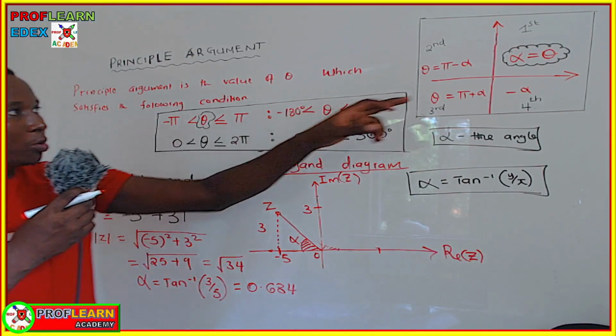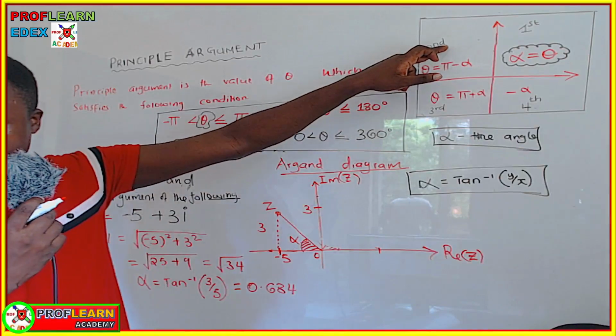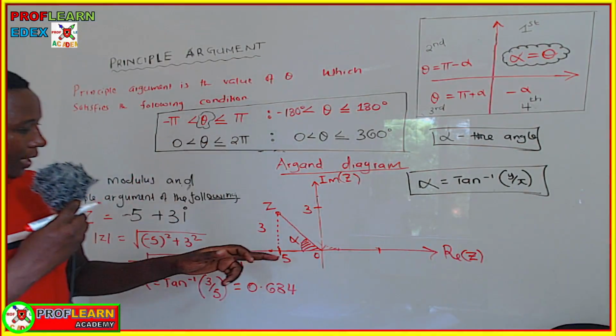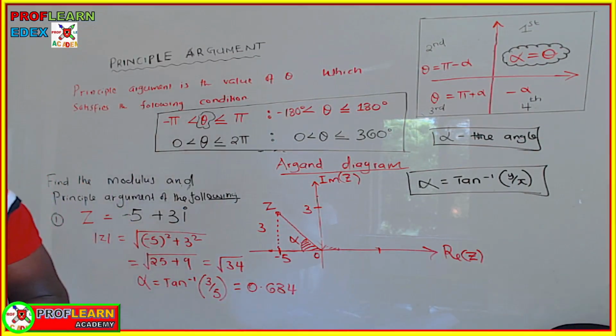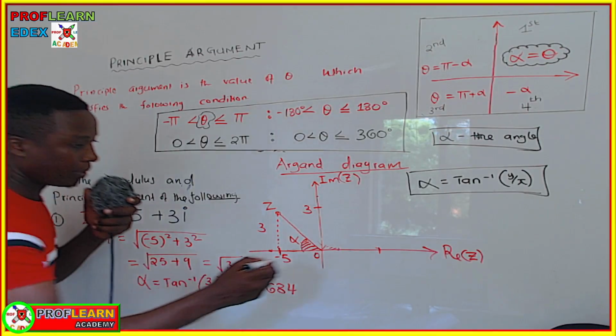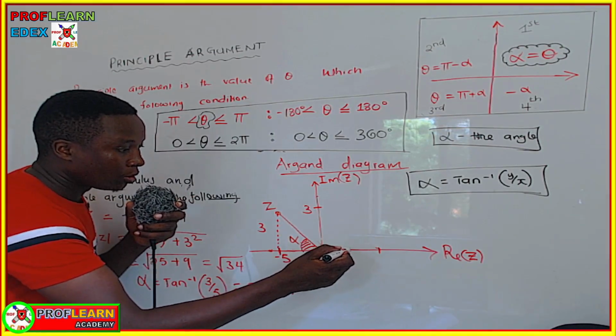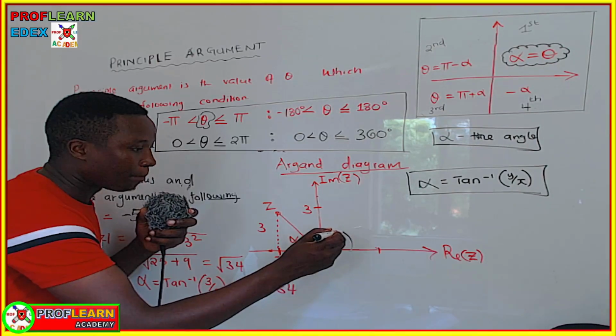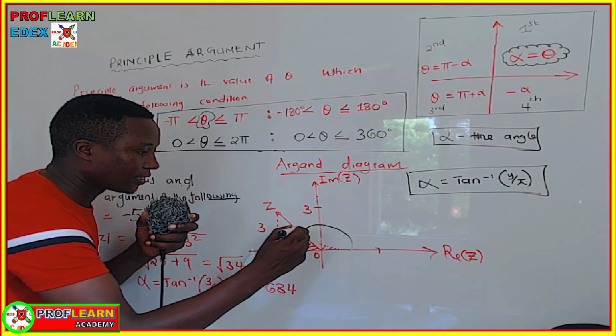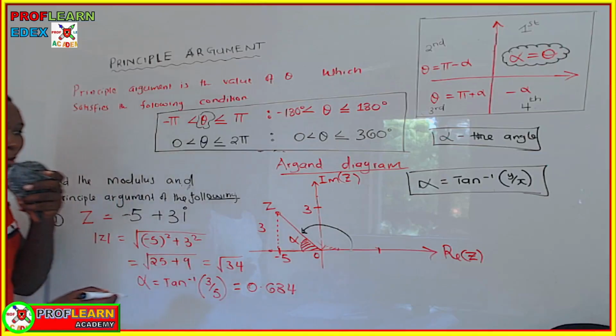But in which quadrant is it? It's in the second quadrant. So how are we going to get the principal argument? The principal argument is measured from the positive real axis in the anti-clockwise direction.